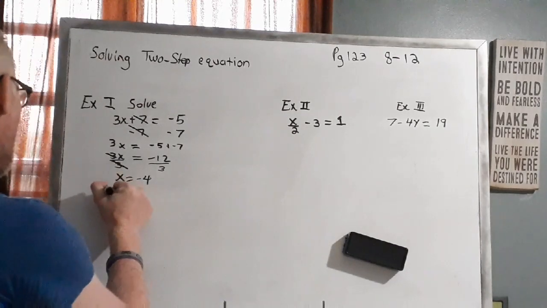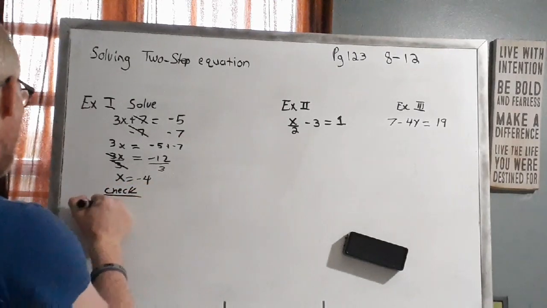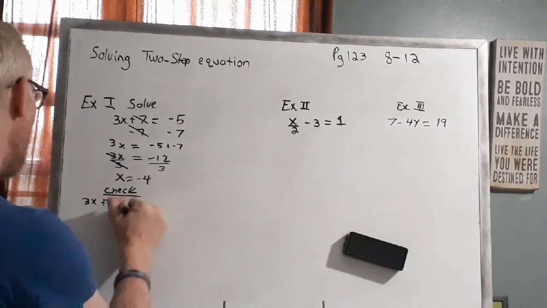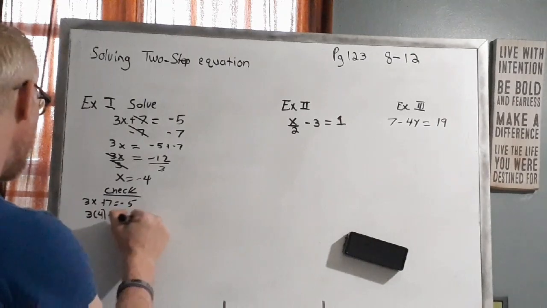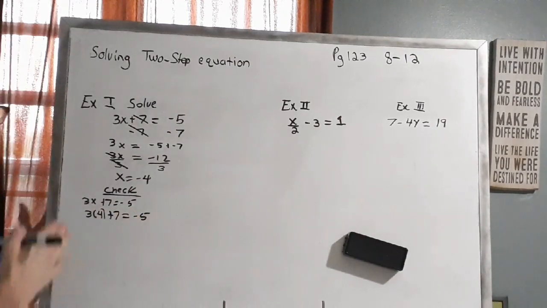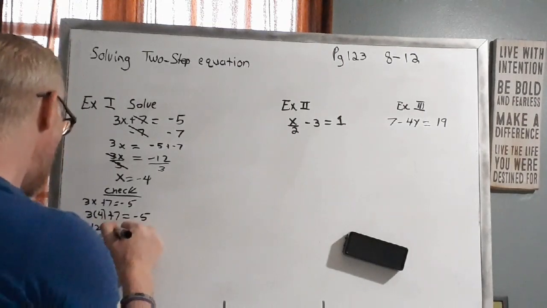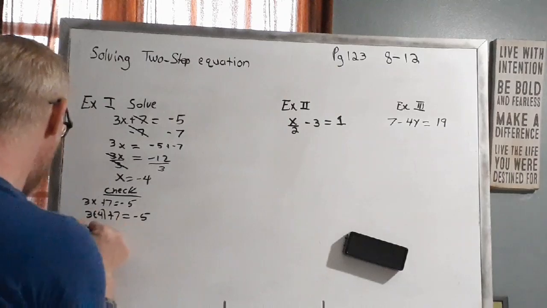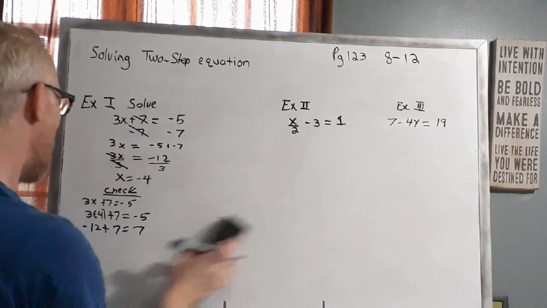Well, to check the answer, you simply take your original equation, and instead of writing 3x plus 7 equals negative 5, I say 3 times 4 plus 7 equals negative 5. 3 times 4 is 12, and 3 times 4 times negative 4 is negative 12, and negative 12 plus 7 equals negative 5.